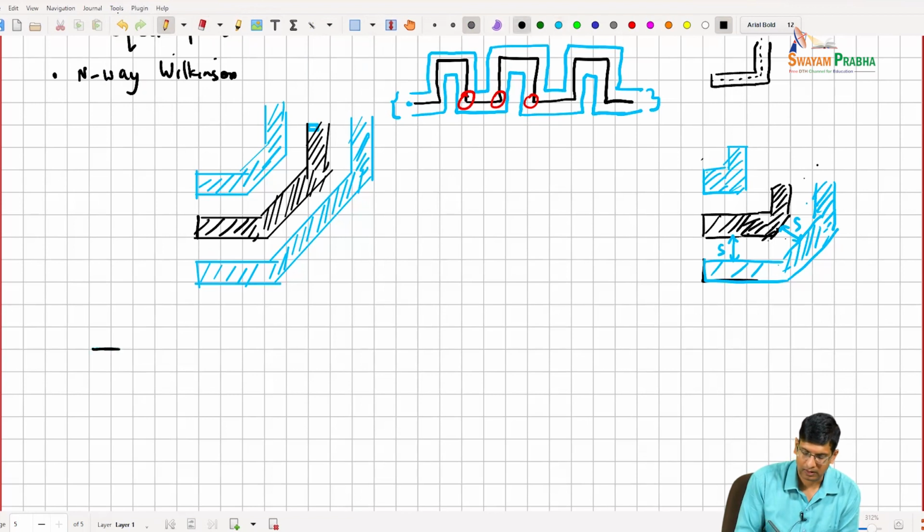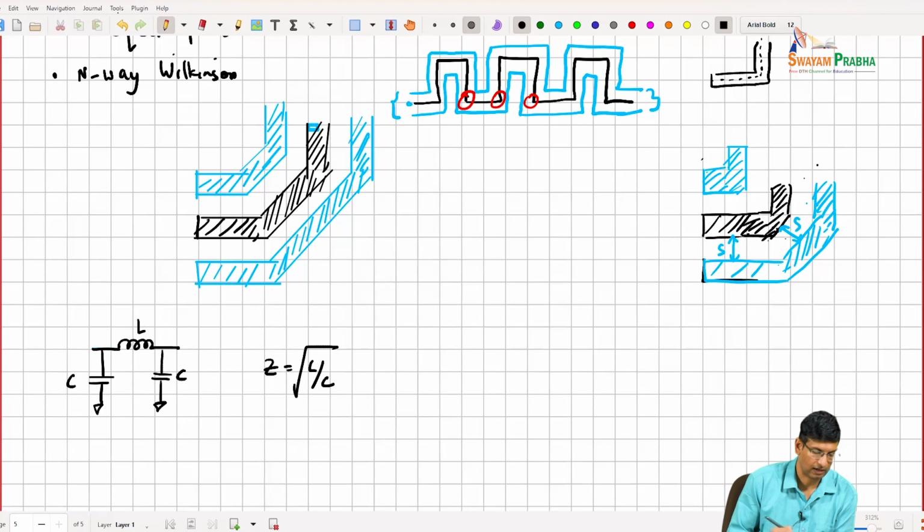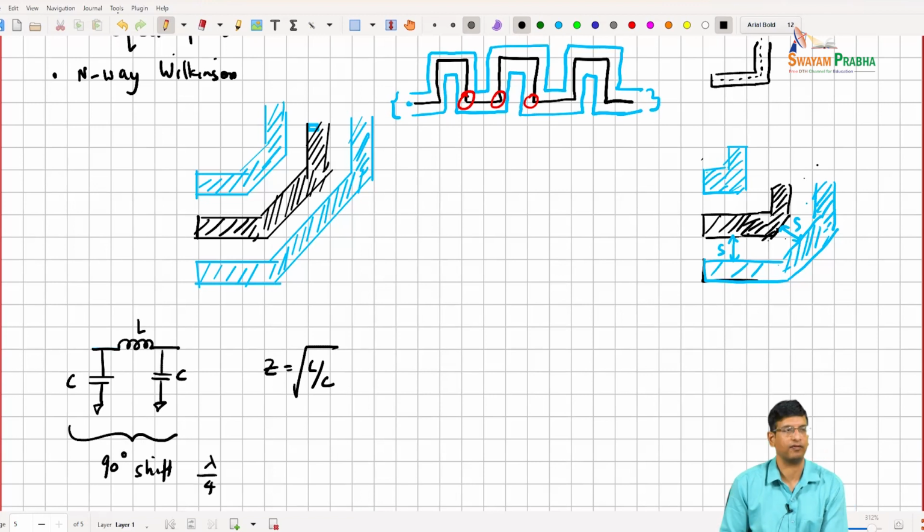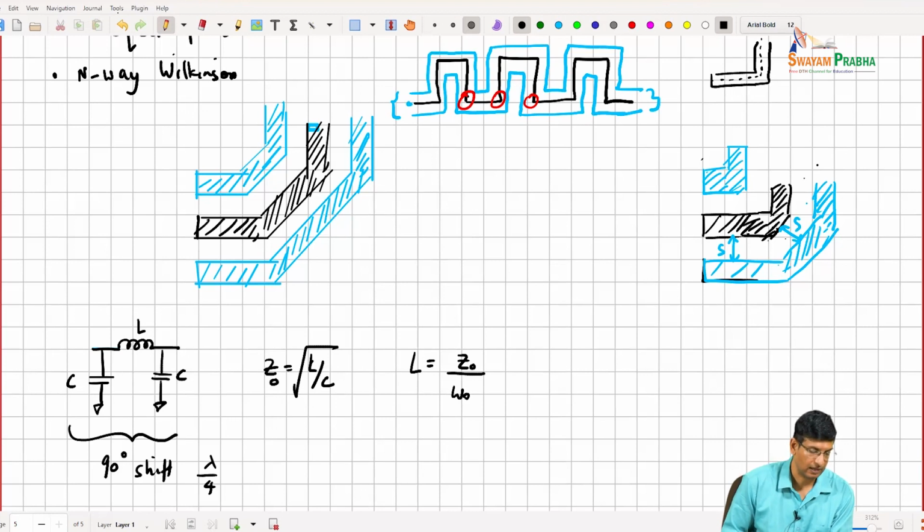If we have an LCL pi section, this is L, this is C, we can again show that the Z here is square root of L over C. And then if you want this section to have a 90-degree shift, which is what lambda over 4 effectively corresponds to, you can basically make L equal to Z naught divided by omega naught, and C equal to 1 over Z naught omega naught.